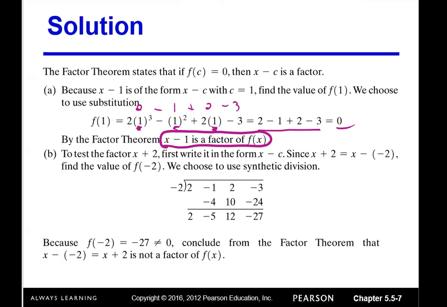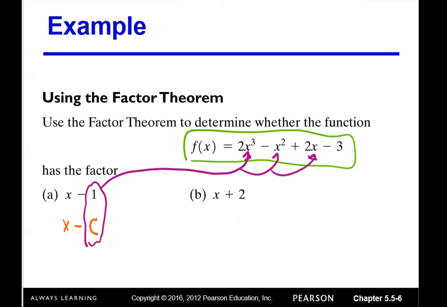Now, on part B, they wrote x plus 2. Now, keep in mind, the theorem has x minus c. So what you have to do is write x plus 2 as x minus a negative 2.